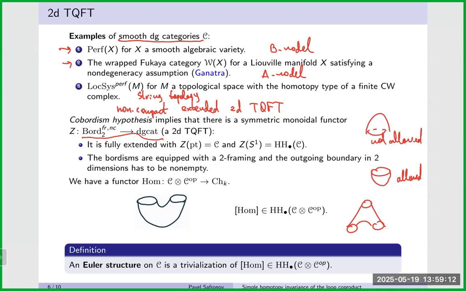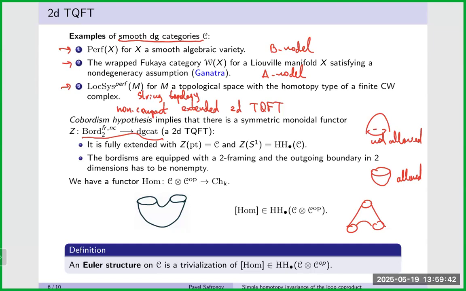So you look at the category of local systems of chain complexes on this topological space. And if the topological space satisfies some finiteness assumption, in this case, it has the homotopy type of a finite CW complex, so for instance a closed manifold, then the corresponding category will be smooth. So that's the setting that's most relevant for my talk.